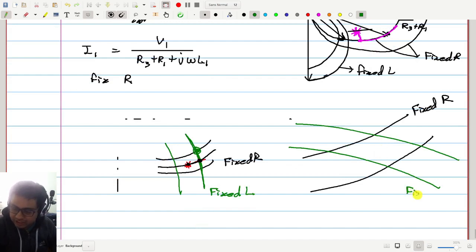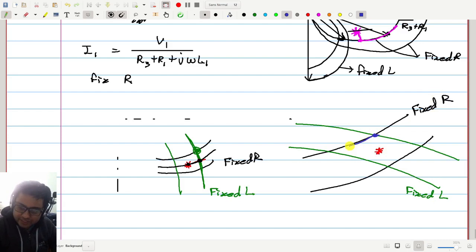So these are fixed L lines, let this be the I star point where we will get the null, and let this be my starting point. Let me first keep the resistance fixed and vary the inductance.